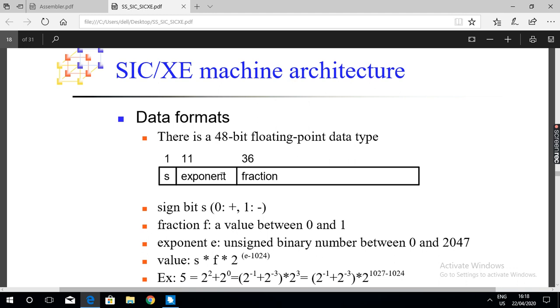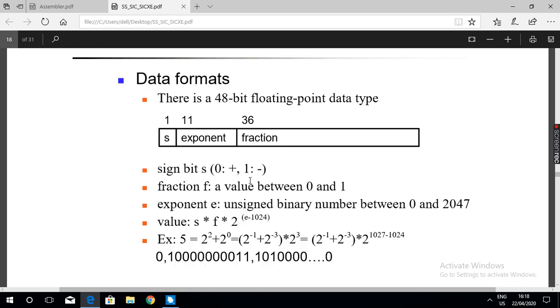The exponent part is an integer value which ranges from 0 to 2047. So 2 raised to 11 is 2048.